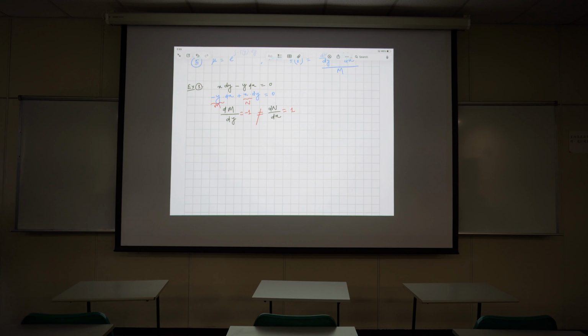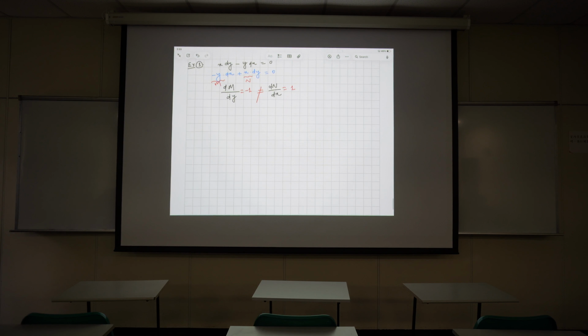So when they are not exact, what do we need to do? We have to look into something called integrating factors. Here, by the method of inspection, we can figure out one integrating factor: 1 over x squared.